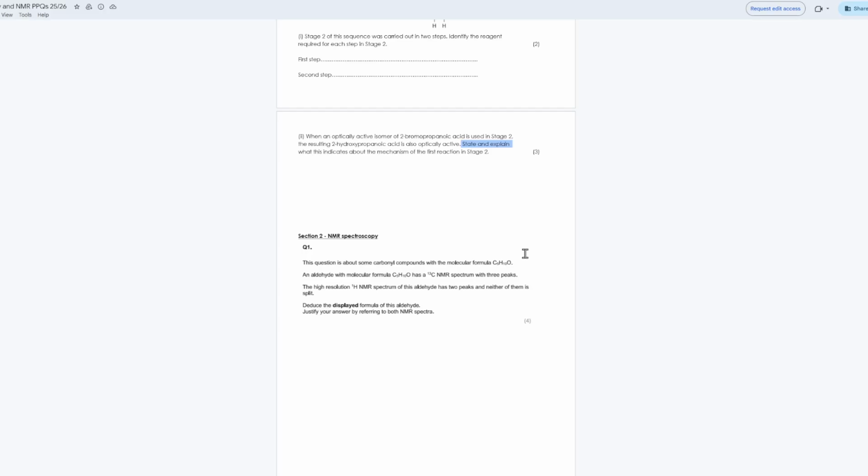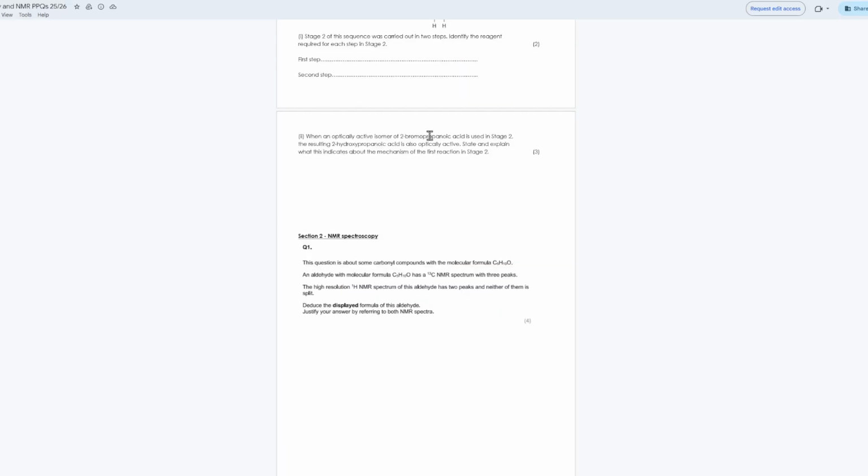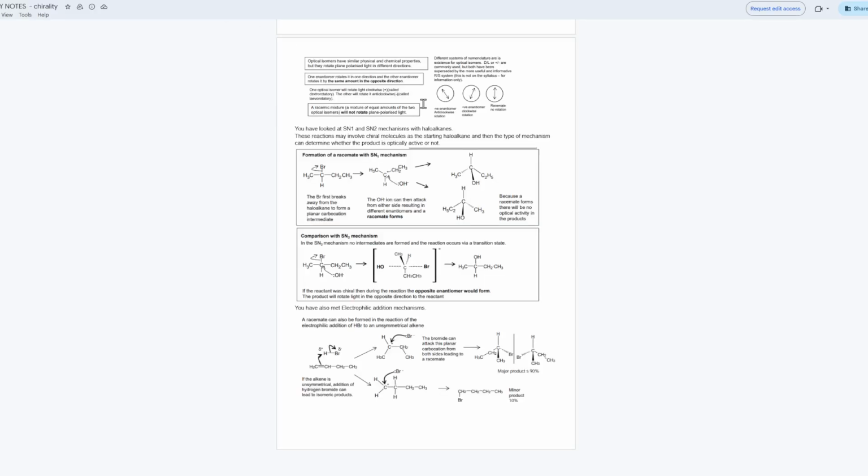So, it is optically active because the produced isomer is SN2.